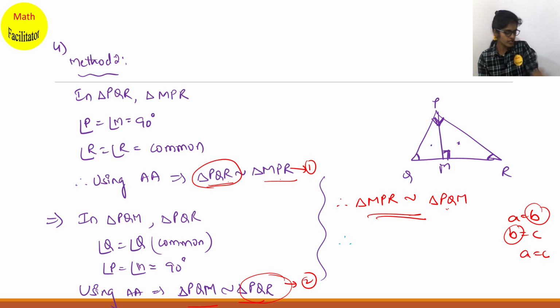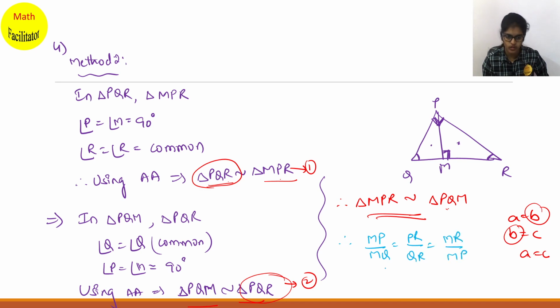Because the two triangles are similar, you can write MP by MQ is equal to PR by QP is equal to MR by MP. Now I'm just taking these two because I want PM square, isn't it? So you will get PM square is equal to QM into MR. That in detail we have written in the previous slide, so please check the previous page also.